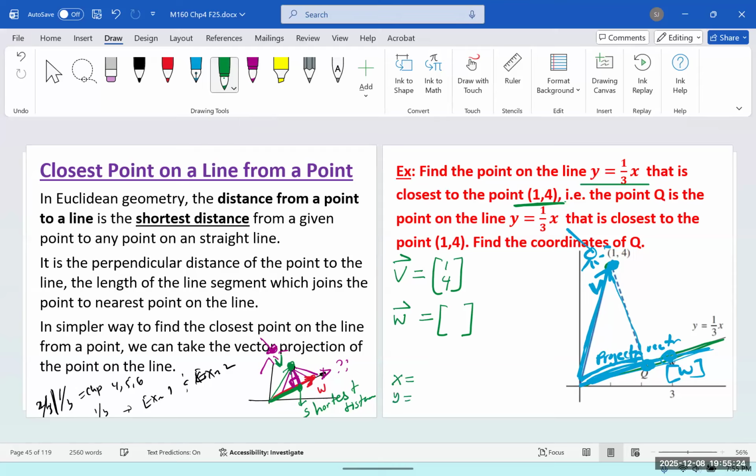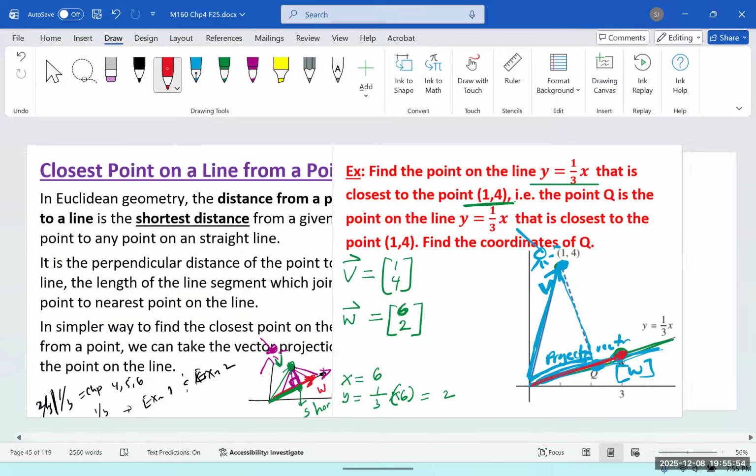So our y is 1/3 of x. Now let's say our x is 6. Then our y is 1/3 of 6, which is 2. So we picked a point here, and we got the vector, which is (6, 2).